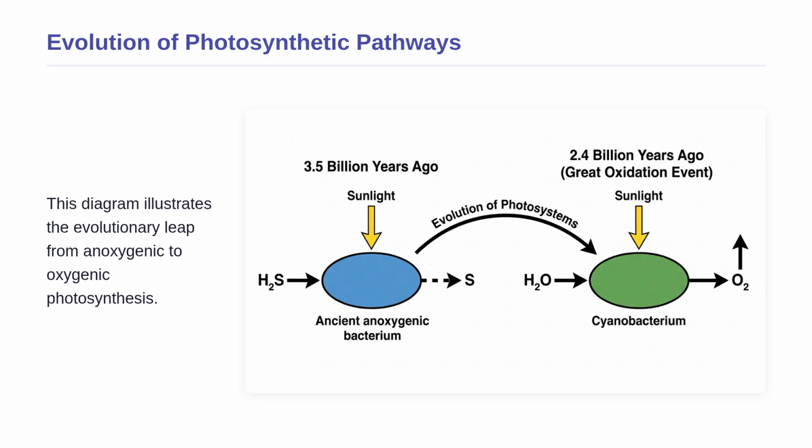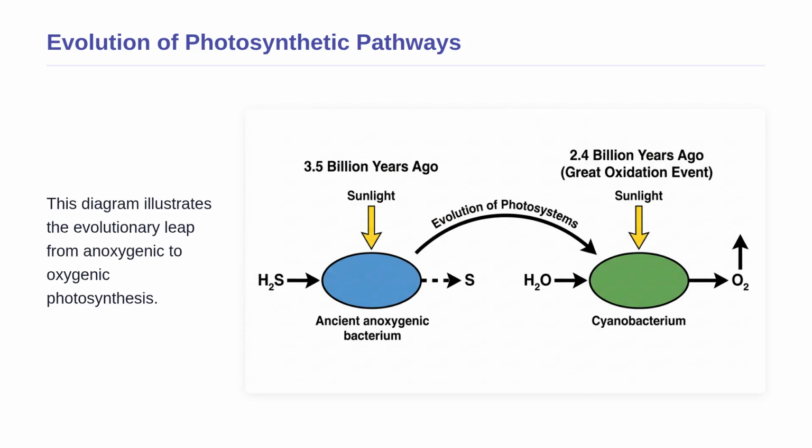To visualize this entire evolutionary journey, let us look at this diagram of photosynthetic pathways. On the left, representing 3.5 billion years ago, we see an ancient anoxygenic bacterium. Notice how it takes in sunlight and hydrogen sulfide, releasing sulfur as a byproduct, with no oxygen involved.